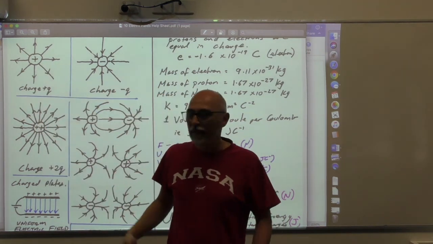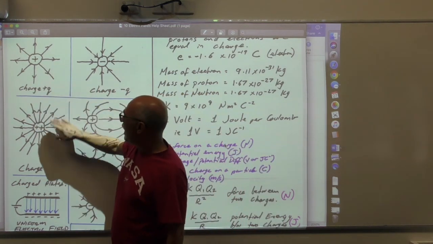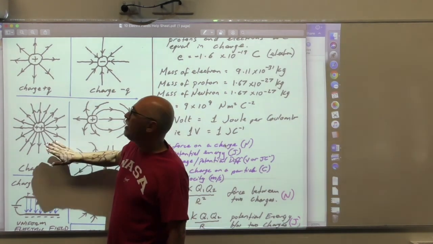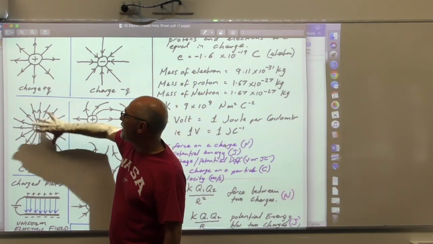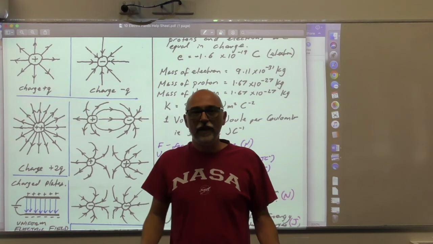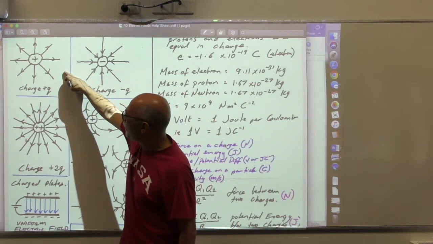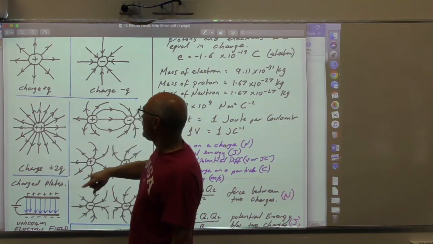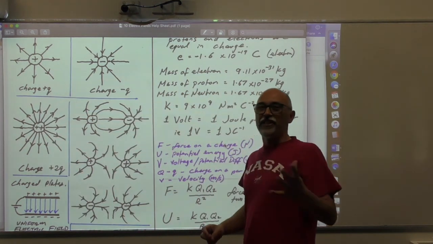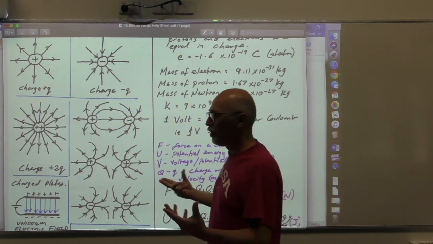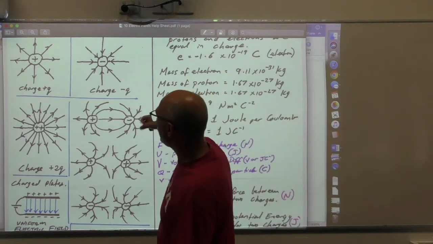The circle stays the same. The field lines, however, I have doubled them, okay? Meaning that the charge is affecting the area around it with twice as much intensity because there's twice as much charge. All right, so that explains why I've gone from here to here, okay? Again, you don't need to change the size of the circle that you draw or any other weird thing that sometimes students do, okay?